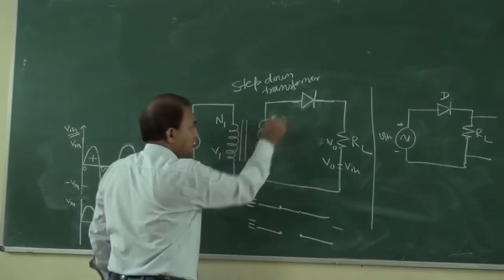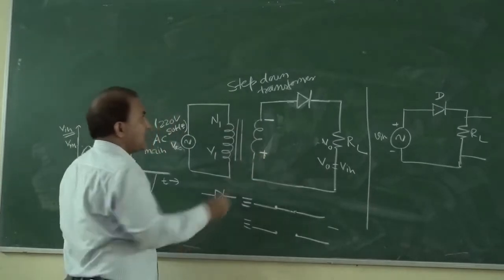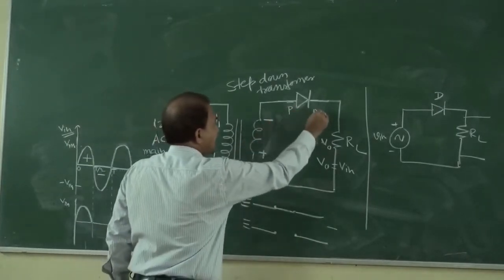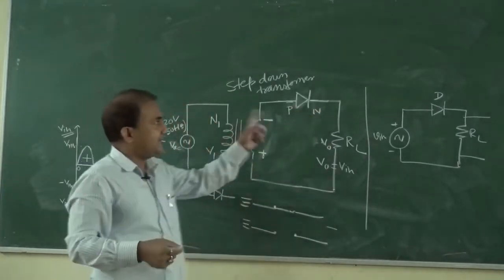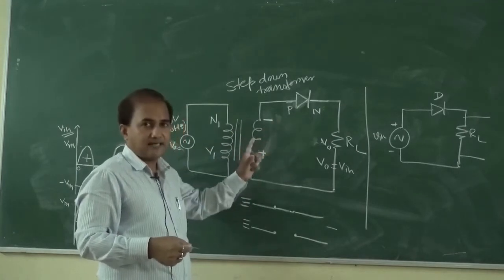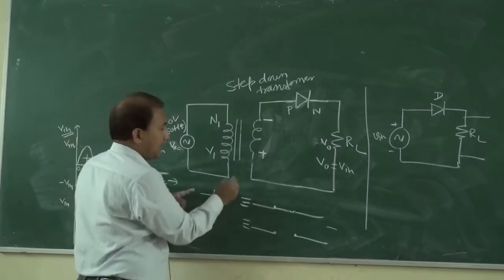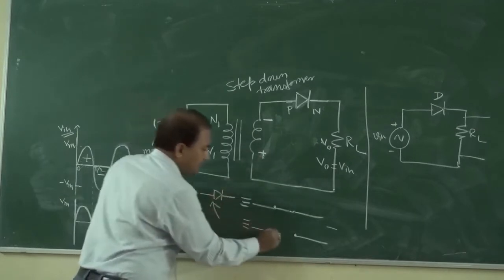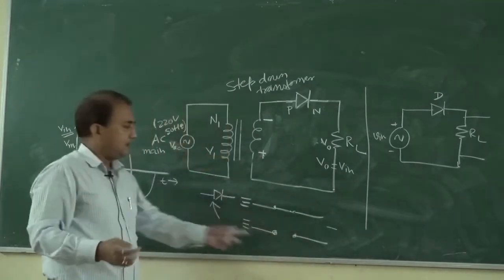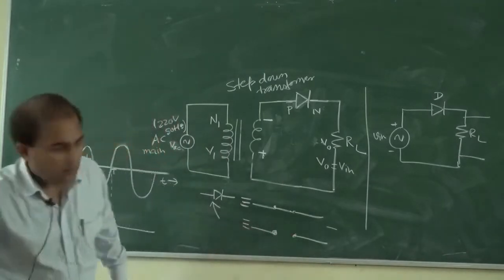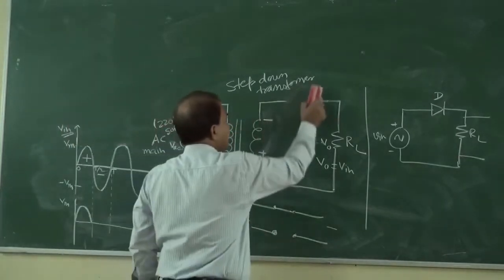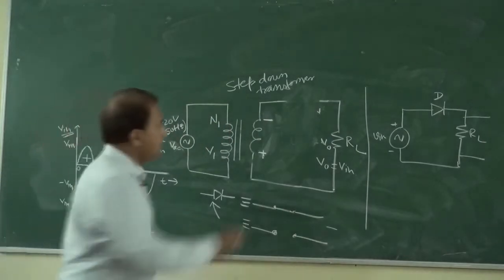Now it is negative and this is positive, and this is P and this is N. So this is the configuration of the reverse bias condition. In reverse bias condition, an ideal diode can be replaced as open. This is open. So we can replace this PN junction diode with an open circuit.